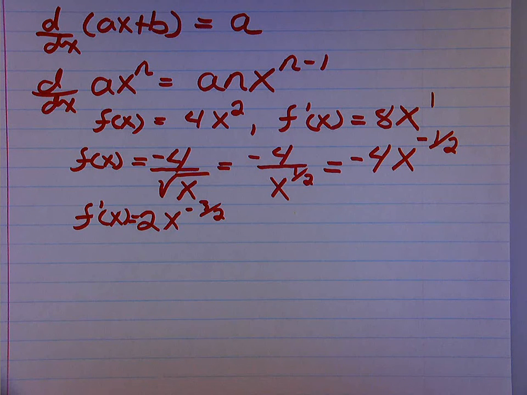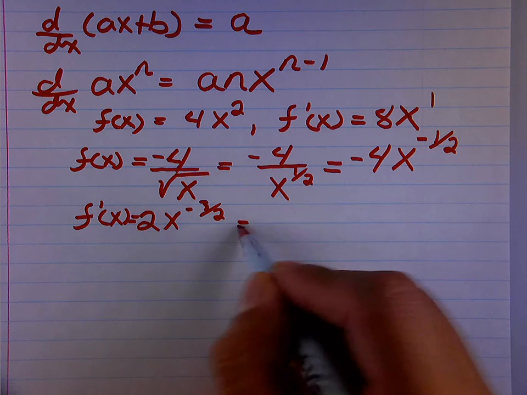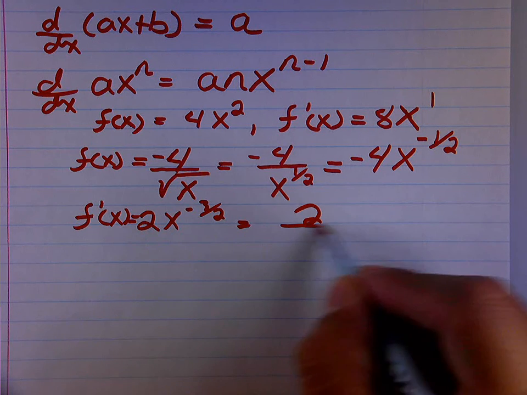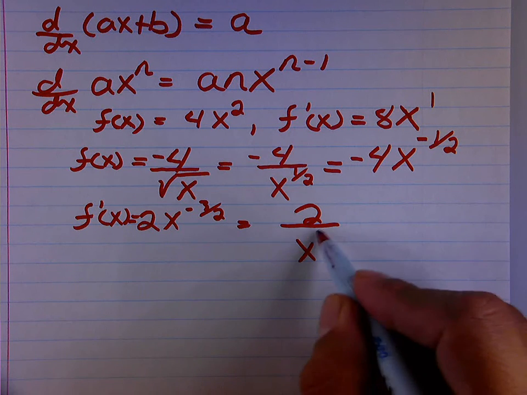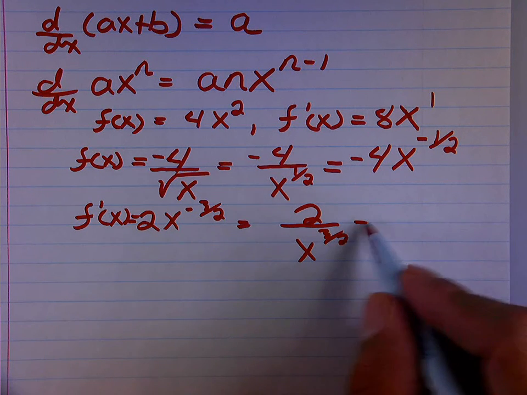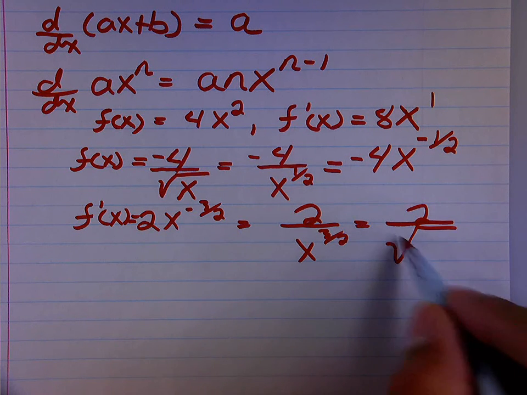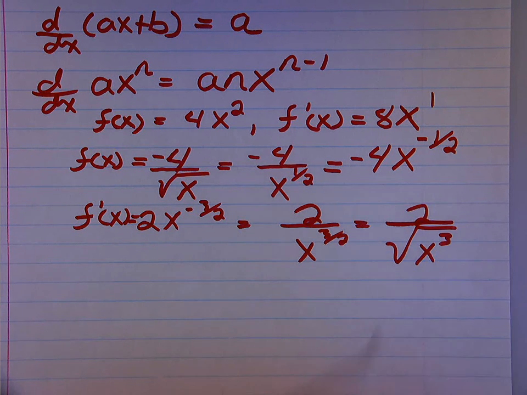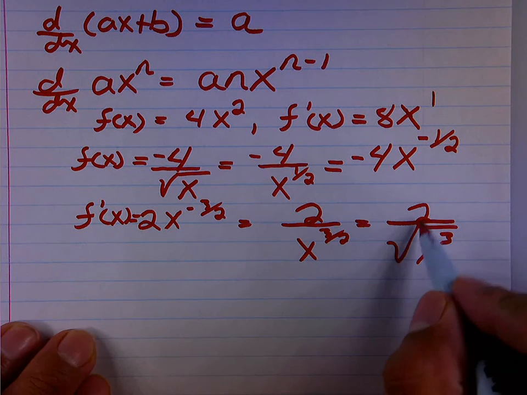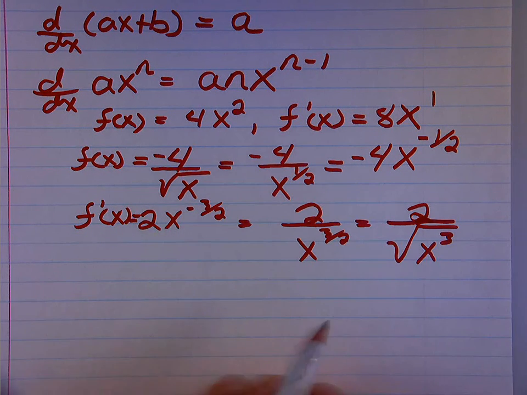If you like, I could put this back in radical form. 2 over x to the 3/2, which is 2 over the square root of x cubed. Make sure you can see that that's a 2. Everyone happy with this?